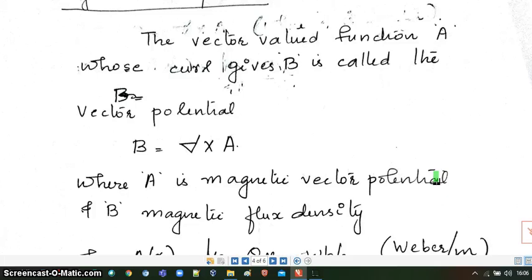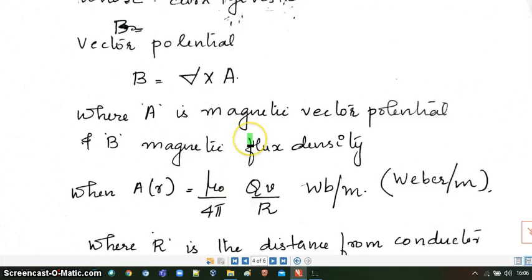If you take any vector function A and find del cross A, and you get B, then I can say A is my magnetic vector potential.